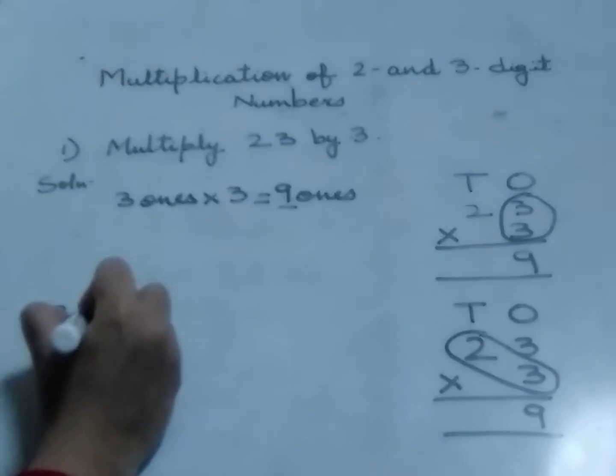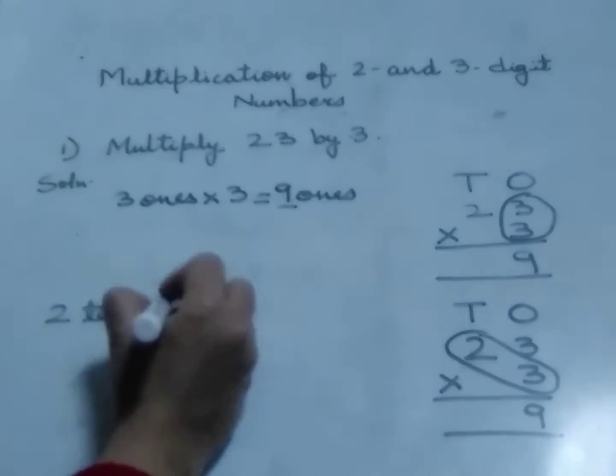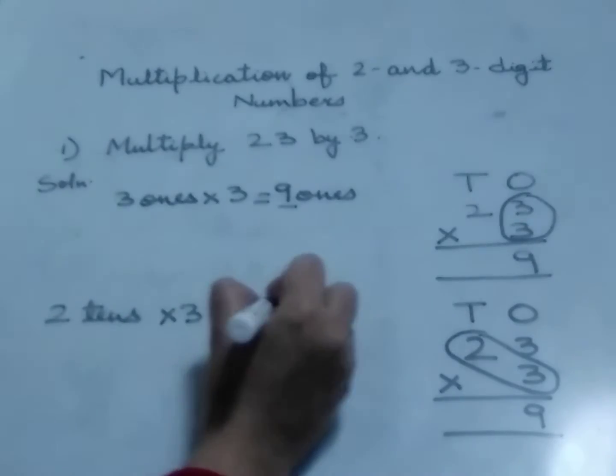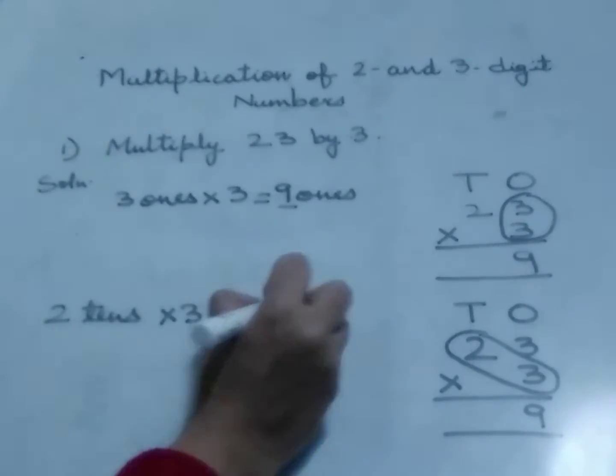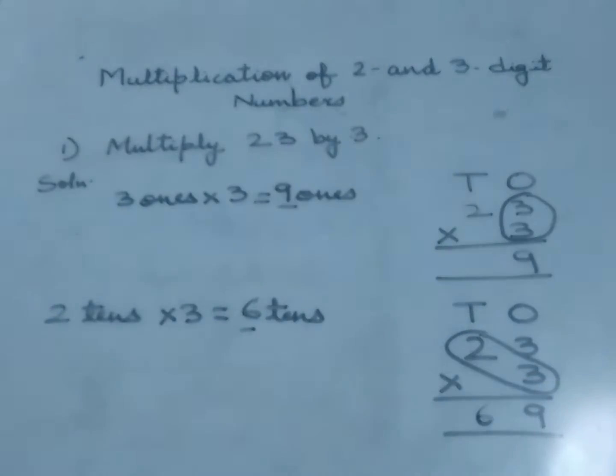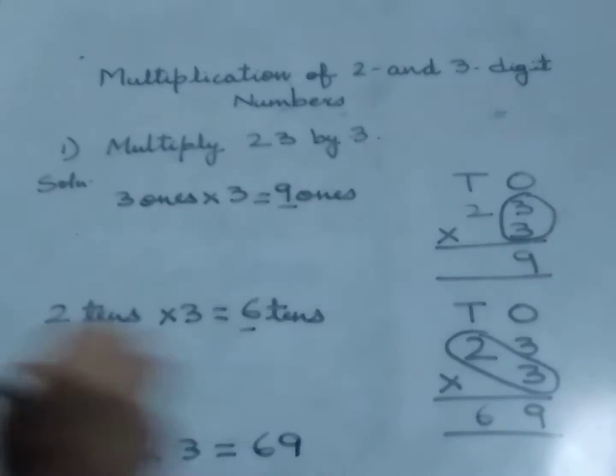What do we get? 2 threes are 6, 6 tens. So write 6 in the tens column. So our answer is 23 multiplied by 3 is equal to 69.